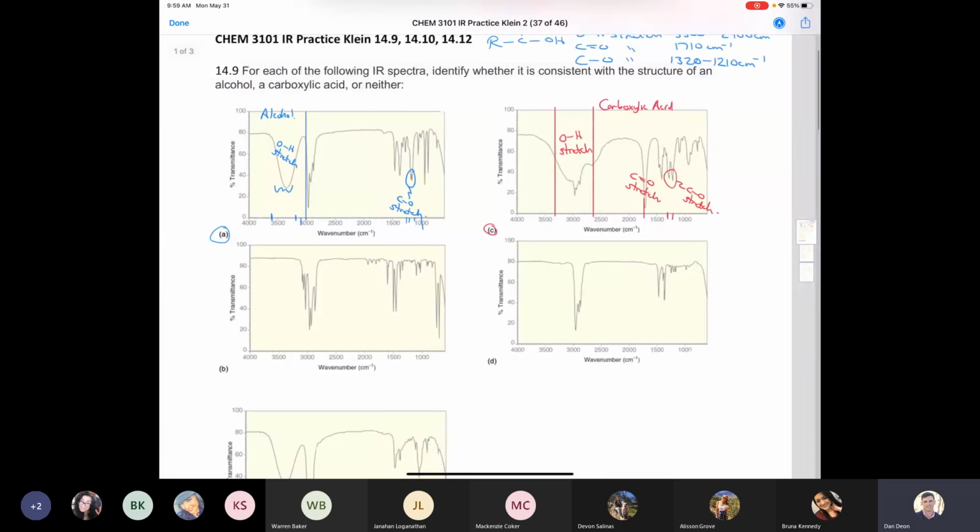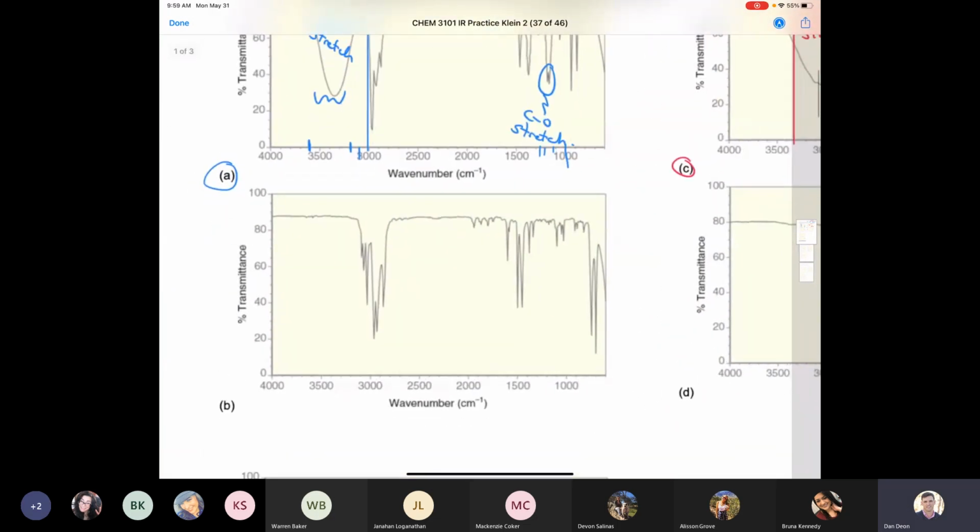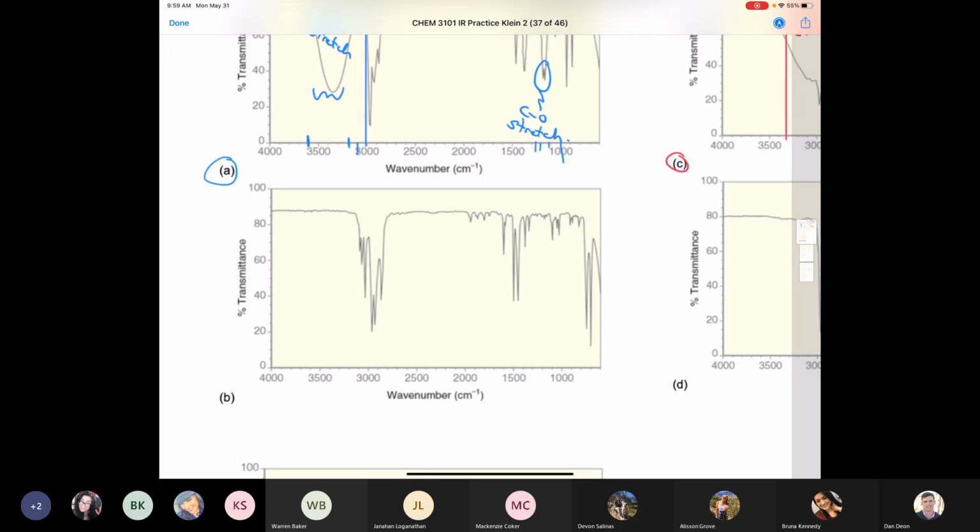What about B? Does anybody have a thought about B? Yeah, I agree with you both. Mackenzie, Allison, Benjamin, you're all on the right page. I don't see anything here. How would you know that right away?